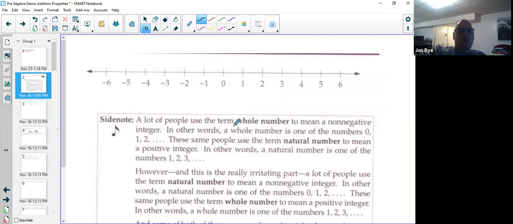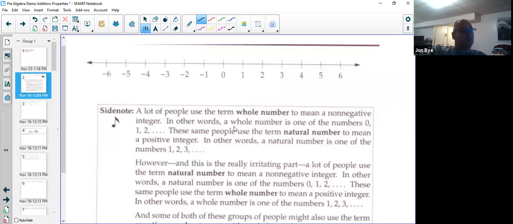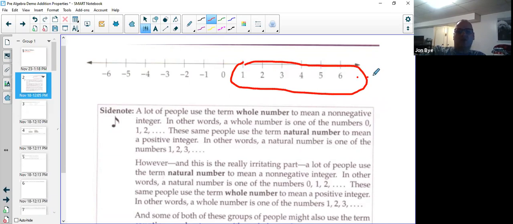The book we're going to be working from uses what are called positive integers. So the positive integers would be all of these numbers, right? And so forth, because they keep on going. Those are the positive integers. And then we can also use what's called the non-negative integers.